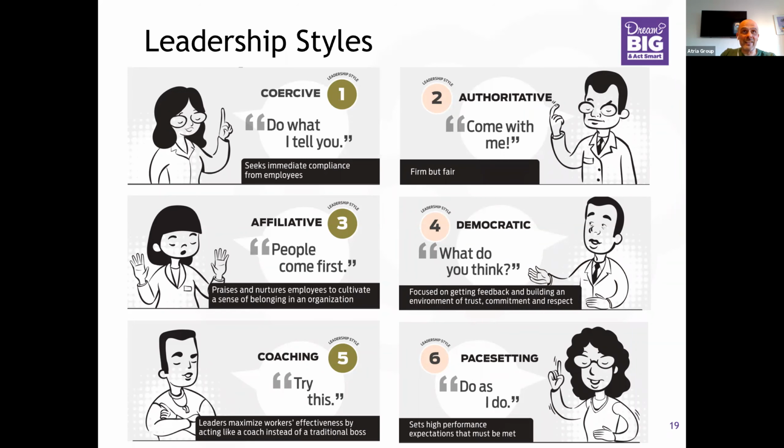Democratic, again, might be good from the position of creating some energy. However, be careful not to go into the domain of action, because if there is a best practice, we shouldn't vote about this best practice. Best practice is best practice. And also another style, visionary style. Just be careful to connect your vision with action.